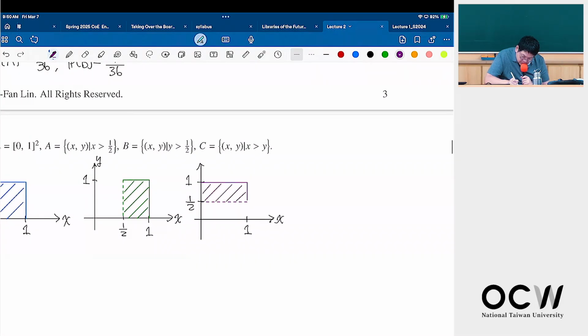Okay, last one. For C, x is greater than y.